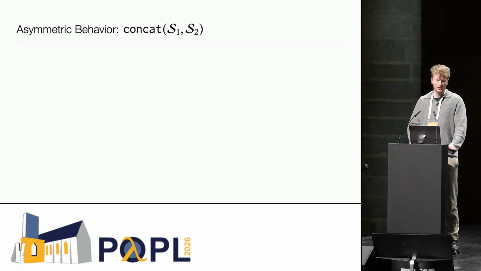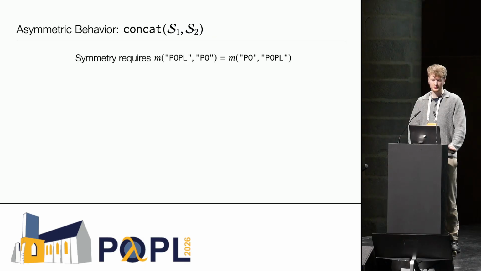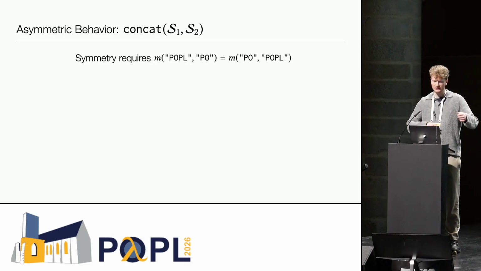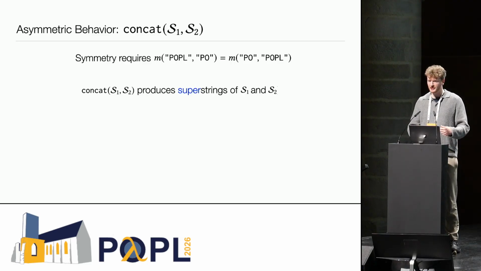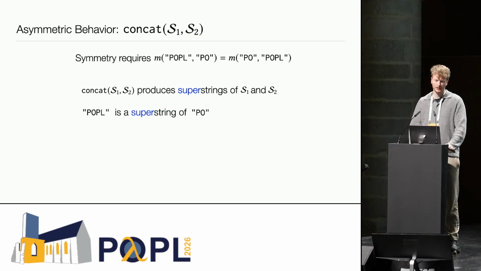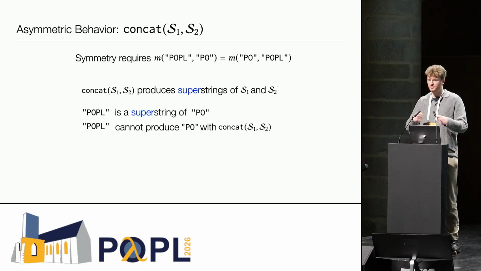So we have the concatenation operator for strings, for example, and symmetry would require that the distance from the string POPL to the string PO is the same as the other way around, from PO to POPL. Now the concatenation operator, however, only works in one direction. It always produces superstrings of its inputs. Since POPL is a superstring of PO, we cannot produce PO using concat and POPL.